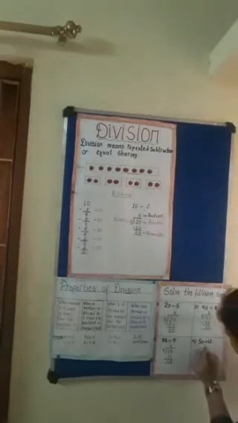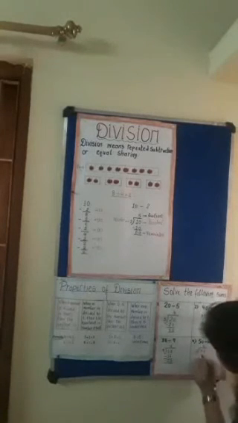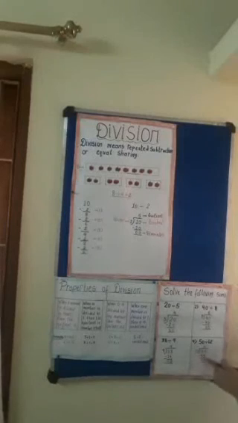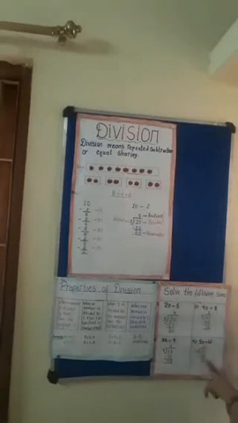So 12 4 ja 48. 48 is smaller than 50. So 50 minus 48 is 2. Now we cannot divide 2 by 12 because 2 is smaller than 12. So we will leave it here. So quotient is 4 and remainder is 2.